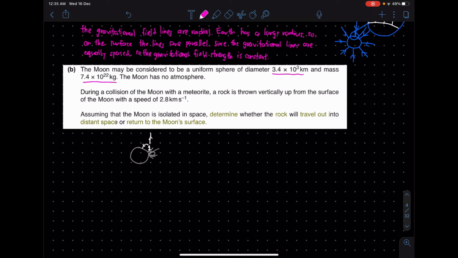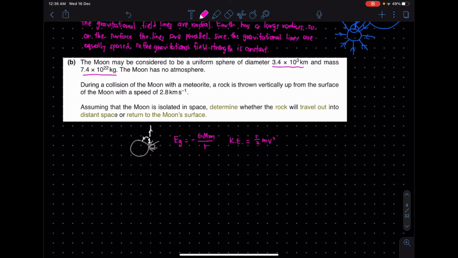Well, this is a very good formula for us to find the gravitational potential energy, since it should be equal to negative GMm over r. And since we're already given the velocity, this means that we can find the kinetic energy of the rock, which is 1/2 mv squared. Notice that we are looking for the kinetic energy of the rock, so I'm using the smaller m here instead of the bigger M, because we're not looking for the kinetic energy of the moon.